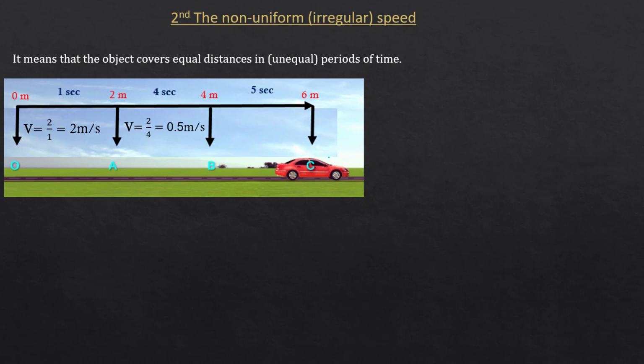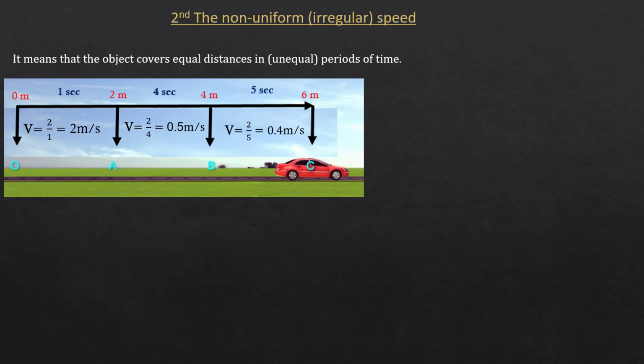And from B to C, the car moves with 0.4 meter per second. So the speed equals distance over time, it will be 2 over 5, equal 0.4 meter per second. So the speed here in this example is not constant because it's variable. So it's irregular speed.